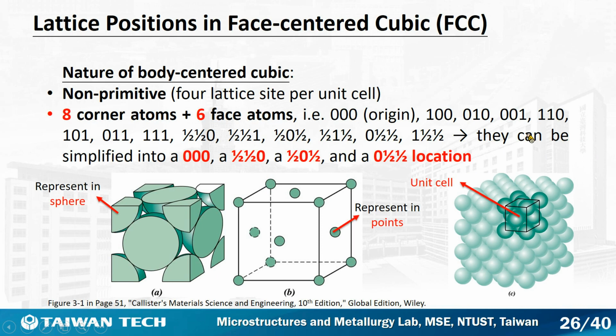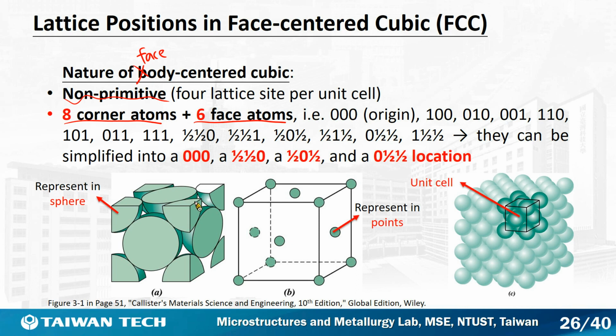And let's see FCC, which is also non-primitive. Sorry, this should be face center. So we have 8 corner atoms and 6 face atoms here. But these 8 corner atoms must be shared with the other unit cells.